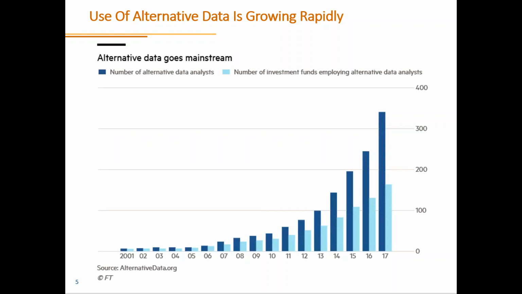It also shows the number of investment funds employing alternative data analysts. I saw a quote recently that said of the firms not using alternative data right now, around 90% plan on using it in the near future and hiring alternative data analysts. So this is growing in importance, it's growing in availability, and it's something that firms are using in both real time and other time frames.